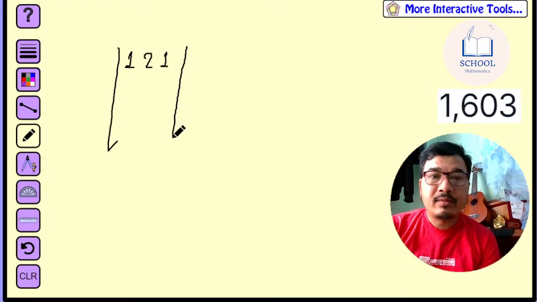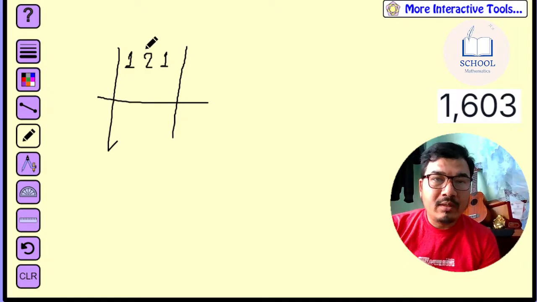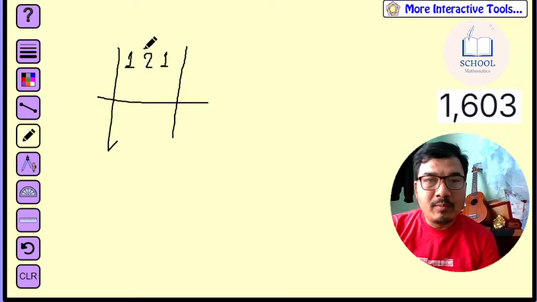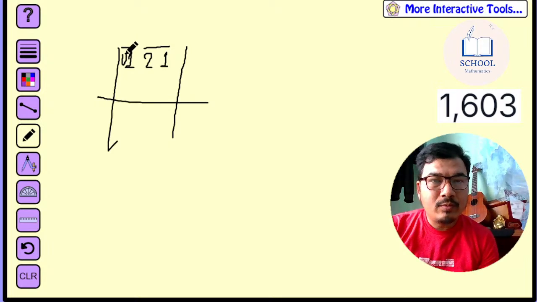Okay, and then we will make here the pair of numbers from right to left. Okay, and underline here is one single digit, that's why we can put here 0.